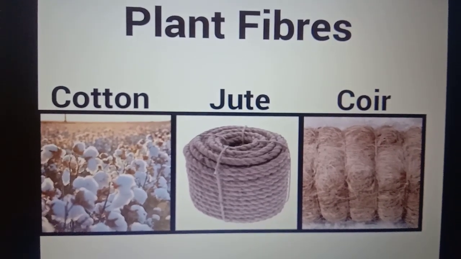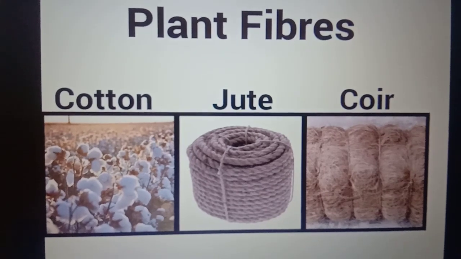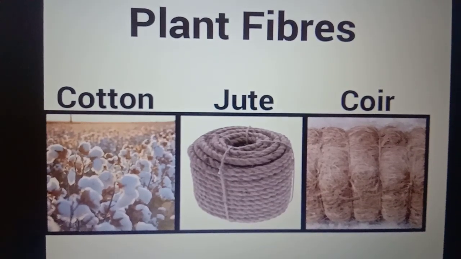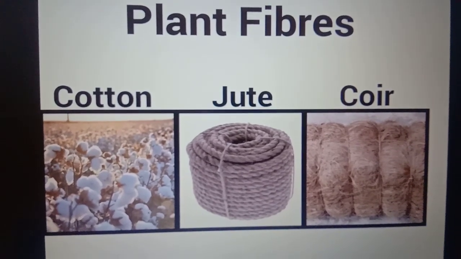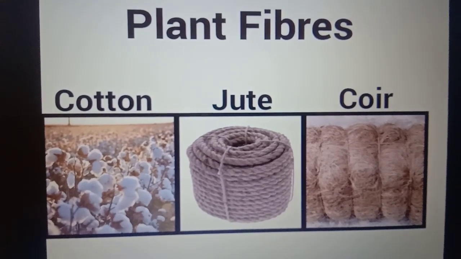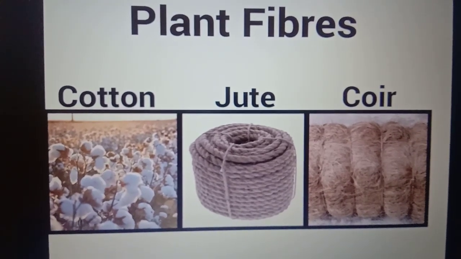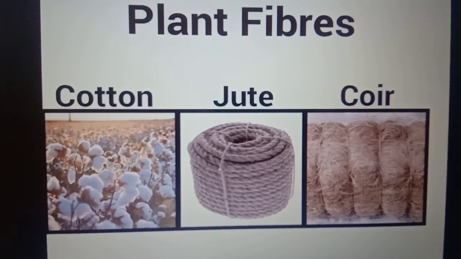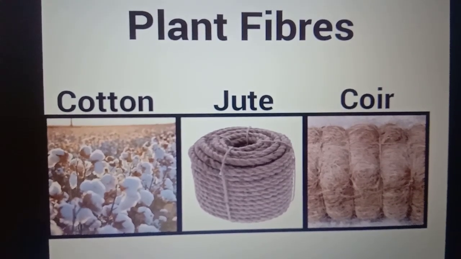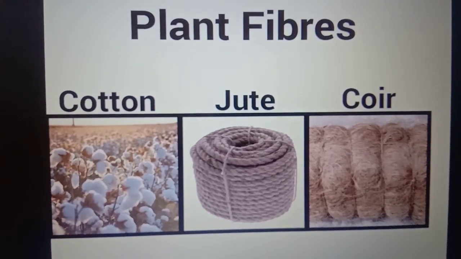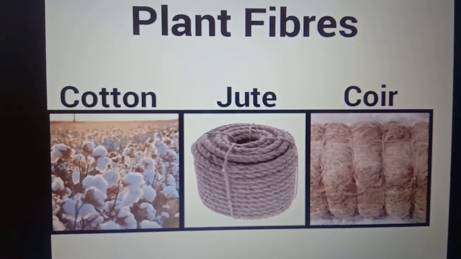Second is bast fibers. The fibers which are obtained from the stem of the plant are called bast fibers, for example, jute and flax. Bast fibers are generally very long.